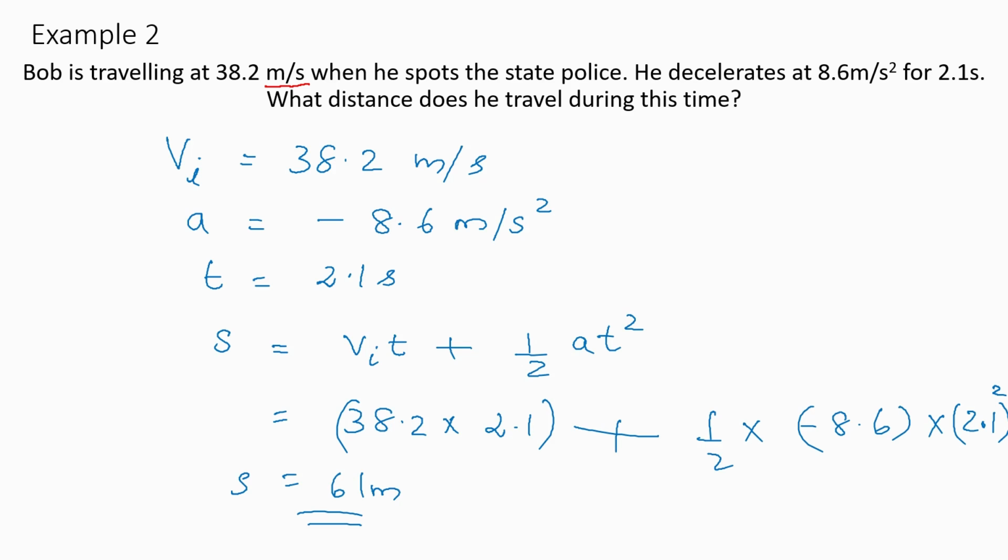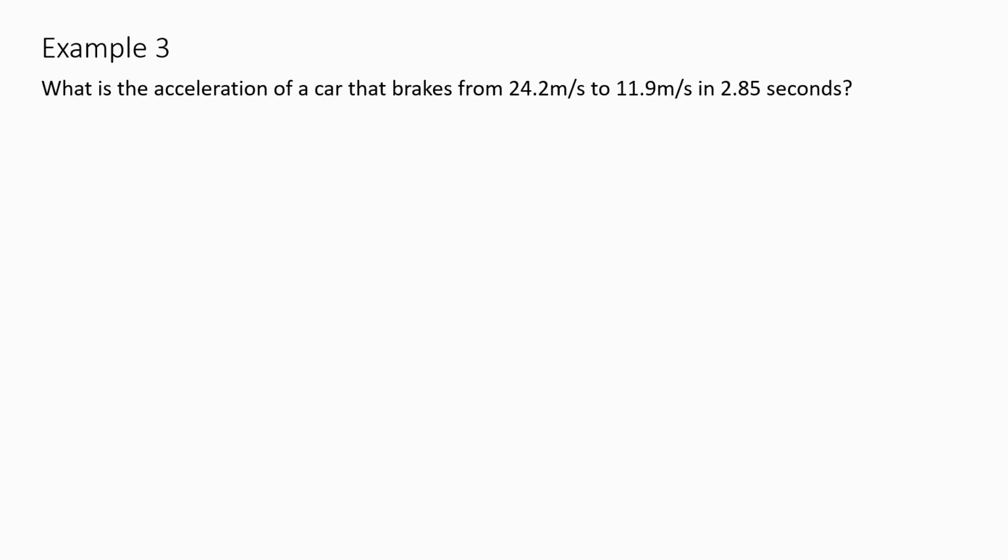Now, let us move to the third example. What is the acceleration of a car that brakes from 24.2 meter per second to 11.9 meter per second in 2.85 seconds? So from the information given in the question, we can identify that acceleration should be found out, and the initial velocity as well as final velocity are given, time is given. So let us write down the data given here.